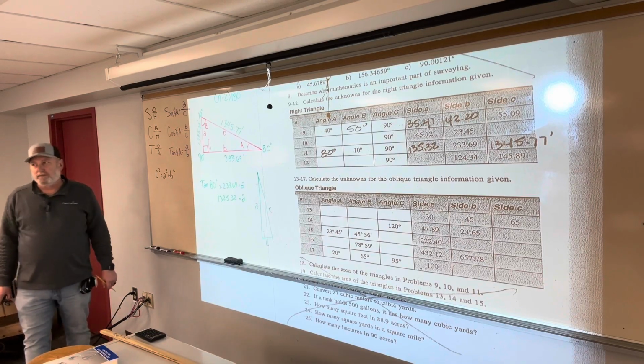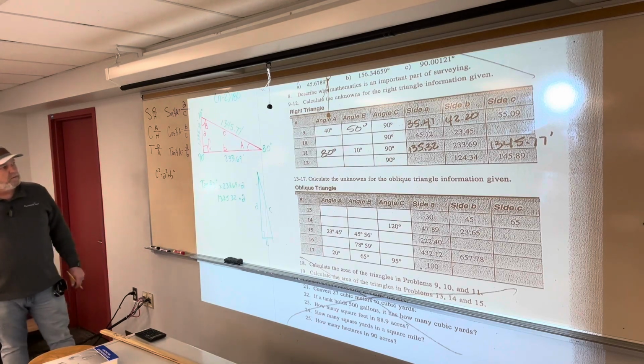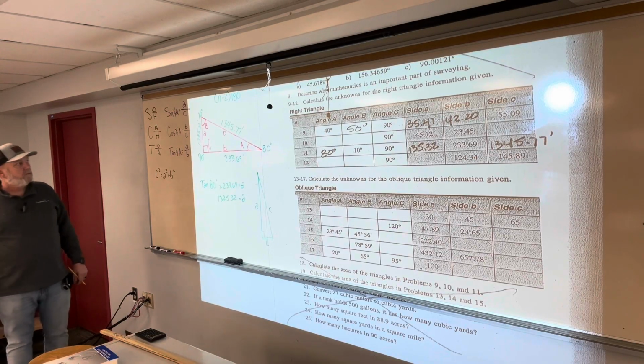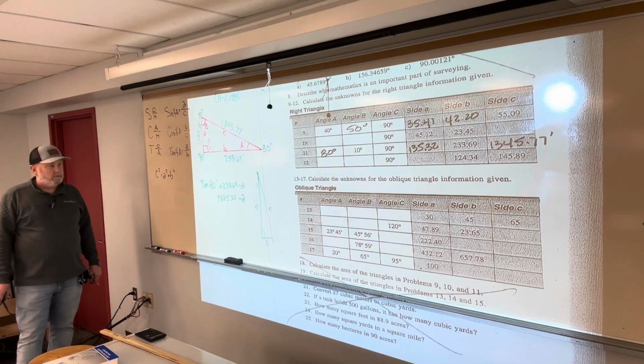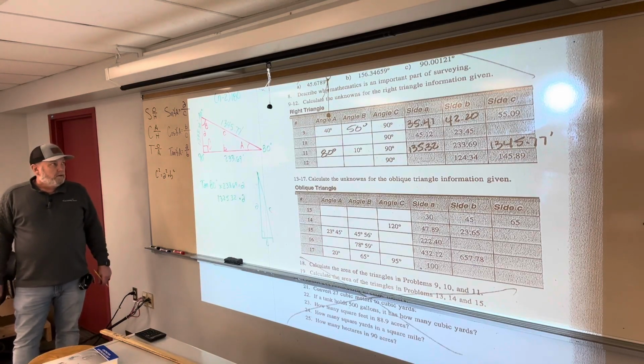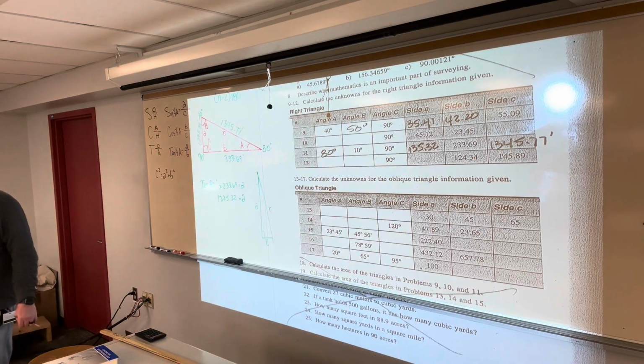If we found side C that way, couldn't we find side C for the one above it the same way? We already have side A and side B, couldn't we just use the Pythagorean theorem to find side C and then use that to find the angles? Yeah, you could have, do it however you want. Go whatever direction you want to go in.